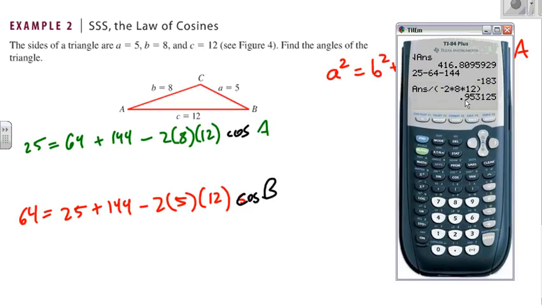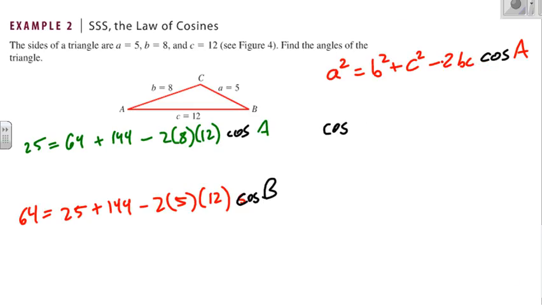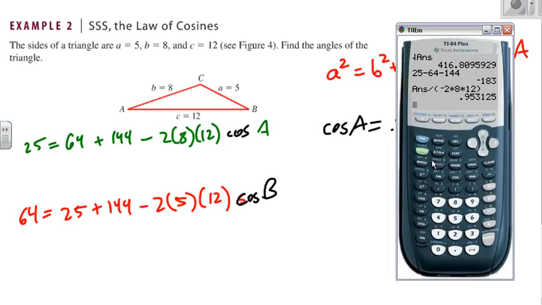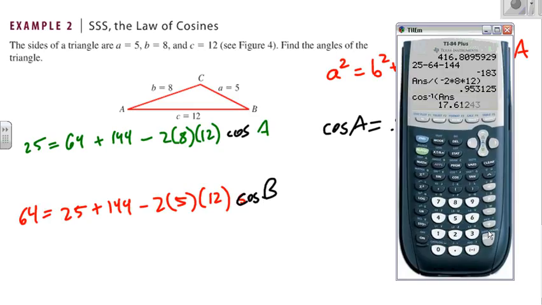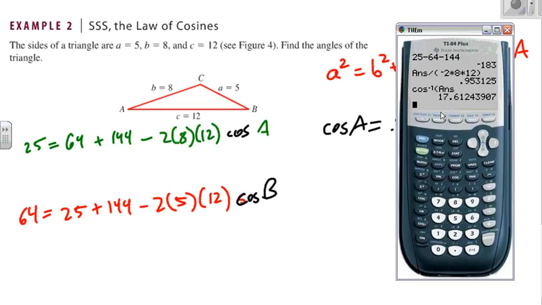When we divide, we get 0.95. So we have cosine of A equals 0.95. And we need to do inverse cosine. 17.6.